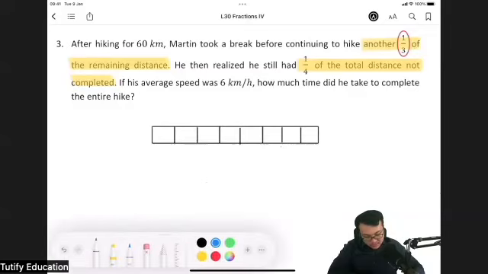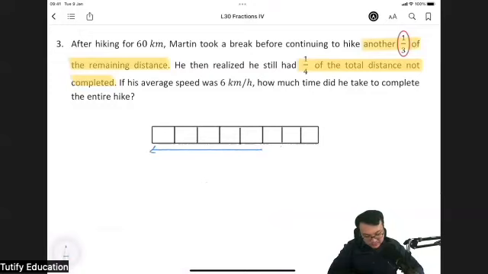Now we can say that first, he hiked for 60 kilometers. Then he took a break. This is the remainder, right? He took a break, and what happened? He hiked 1/3 of the remainder.